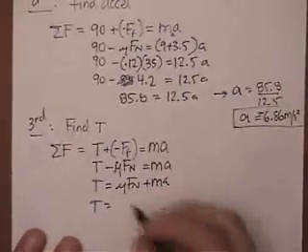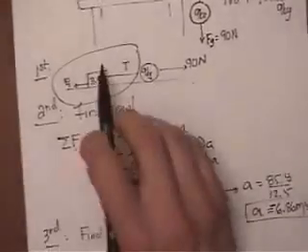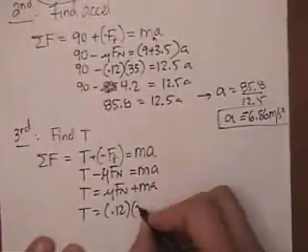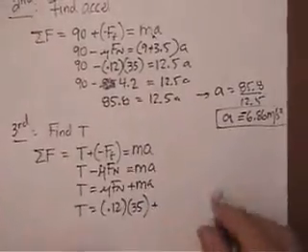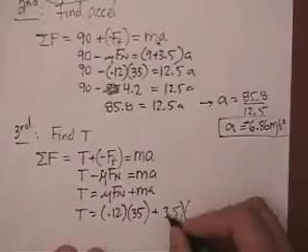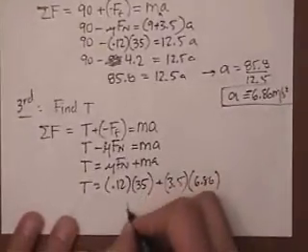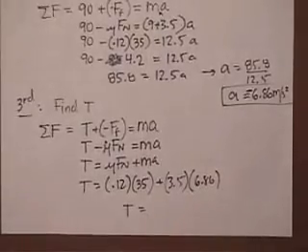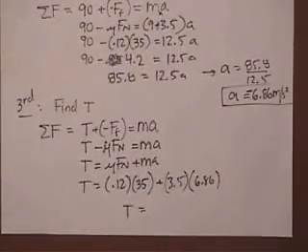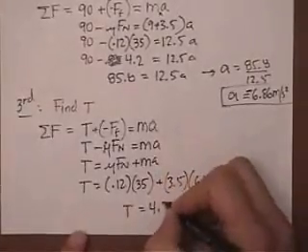So almost done here. Mu value, 0.12. Normal force, 3.5 times 10 is 35. Plus the mass, 3.5. And the acceleration that I got was 6.86. So adding that all up gets me a tension. So let's see here. 0.12 times 35, that's 4.2.